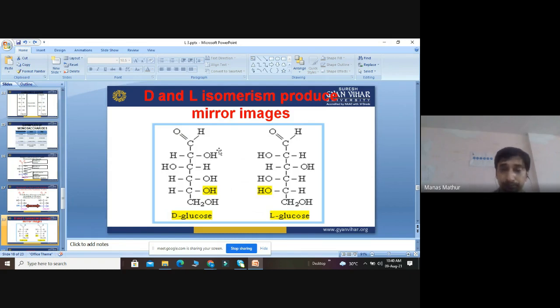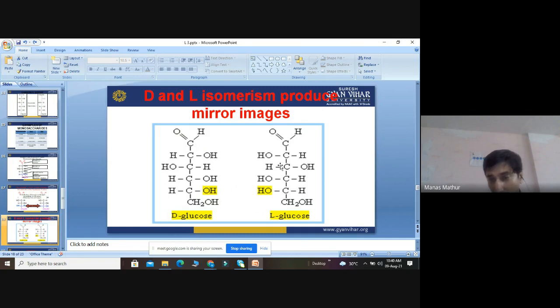See, here it is showing a 6 carbon chain. Here also it is showing a 6 carbon chain. See the penultimate carbon, carbon number 5. This yellow colored OH is in the right direction, so we call it D-glucose. In the next figure, the yellow colored OH is on which side? Left hand side.